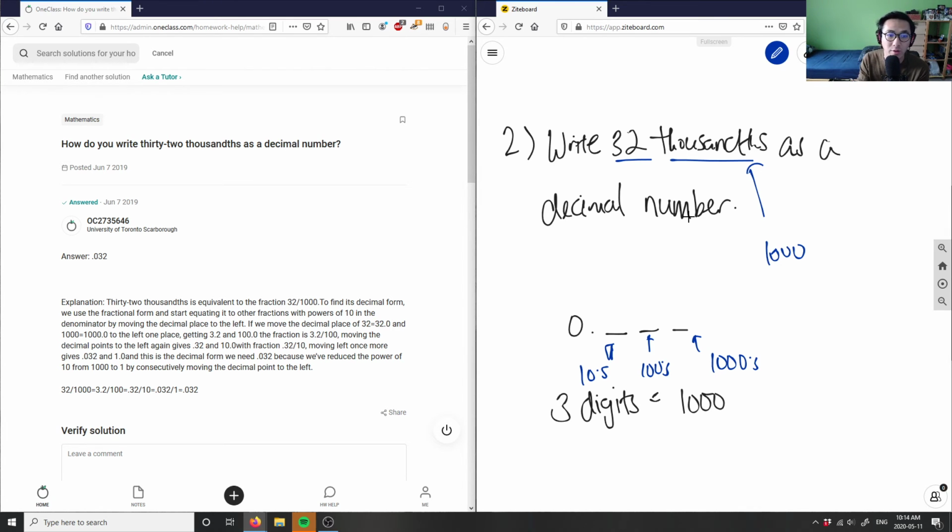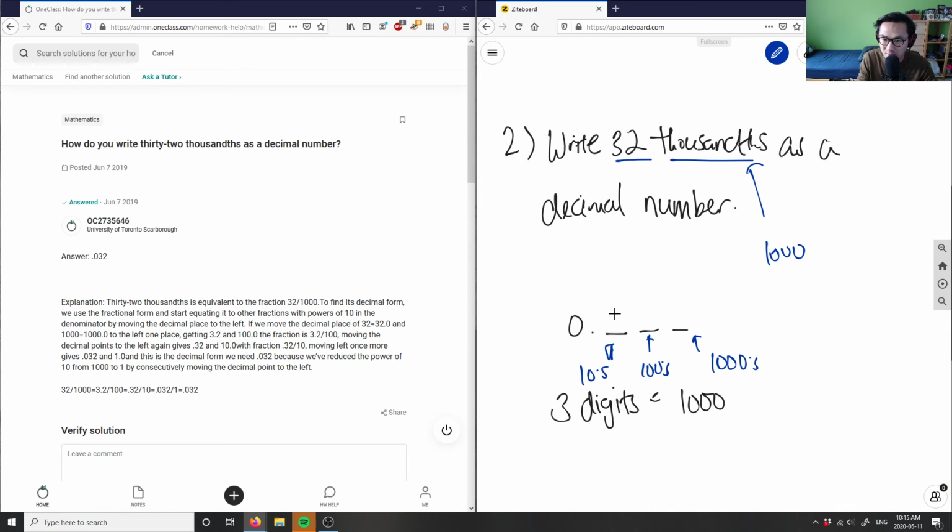Because I only have 32 of them, I would write a 0 here and a 32 here. The reason I wouldn't put just 32 here is that this is not in the thousands place. This would have meant 320 thousandths and not 32 thousandths.